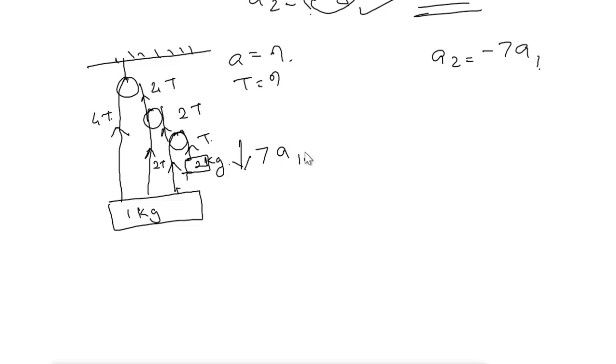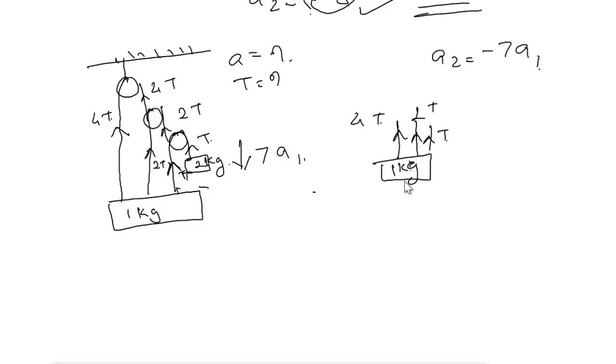Now we can draw the free body diagram for each mass. I am considering the 1 kilogram mass first. For the 1 kilogram mass, tension 4T is acting in the upward direction, another 2T is acting upward, and from here again a T is acting upward. So all the tensions are acting upward.